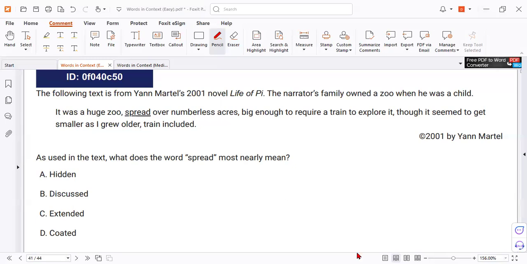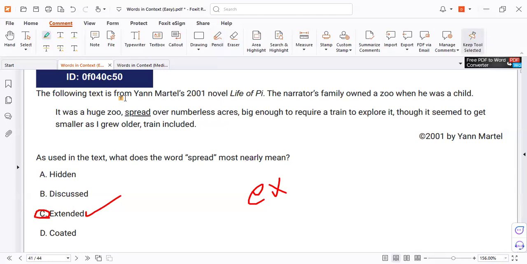C. If something is spread far and wide, it means extended, as you know, spanned.